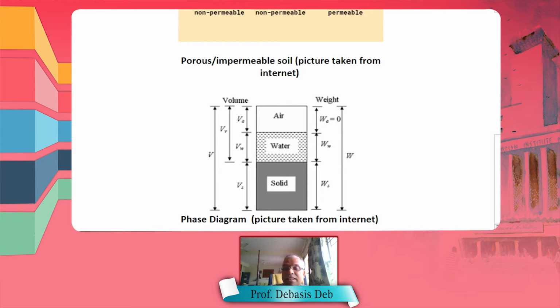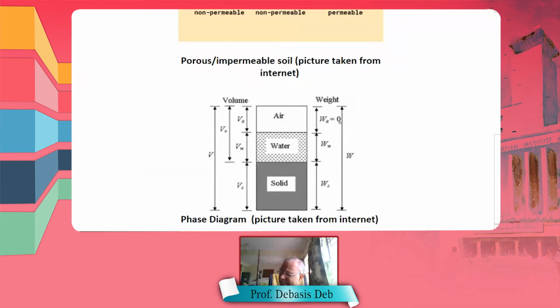Now, you can see there is one volume side, there is one weight side. On the volume side, there is solid volume, water volume, and air volume. But on the weight side, the weight of the solid, the weight of the water, but we basically presume 0 for the weight of the air as compared to solid and water.